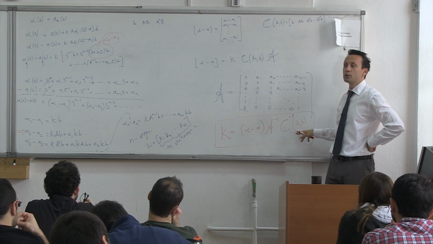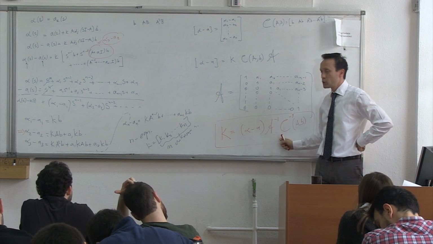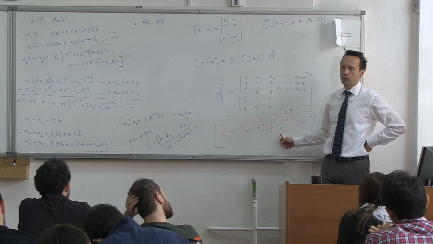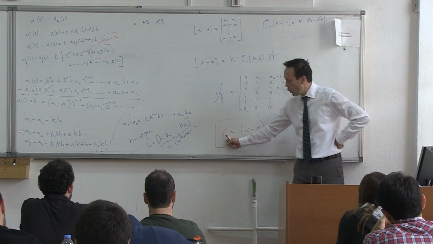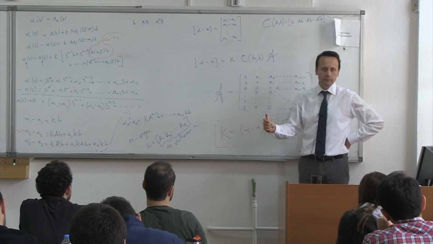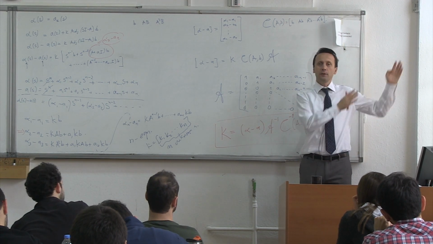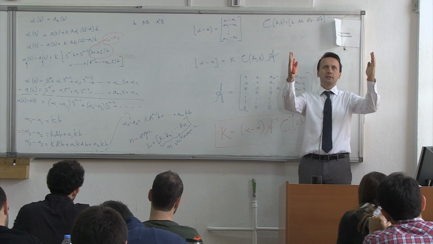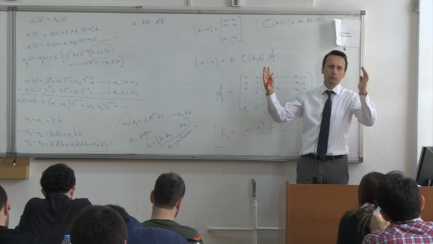So this inversion, the full rank condition for controllability, shows up here as well in the formulation. If the system is not controllable, there's no unique solution for K. Okay? And this is what we did a few weeks ago, where we looked at whether the system is controllable.